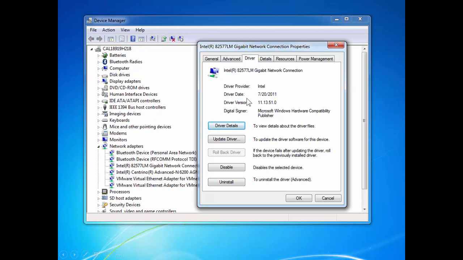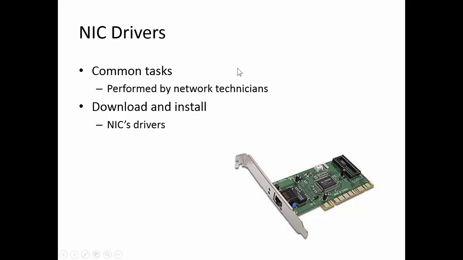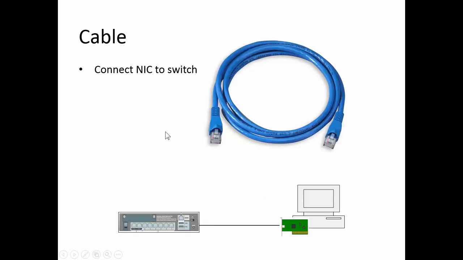I could disable the driver, or I could update the driver. As network technicians, we are constantly downloading and installing network interface card drivers. It's a major part of our job.